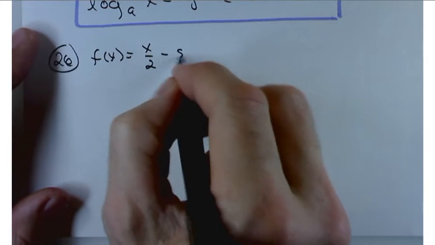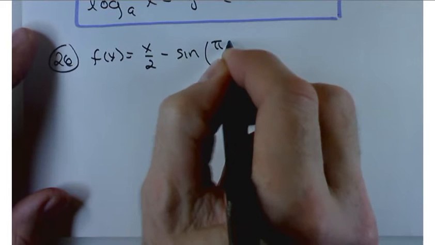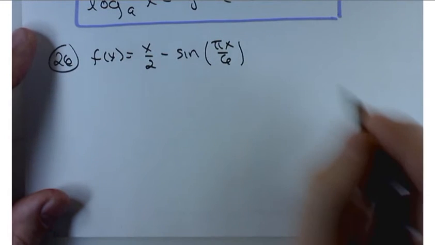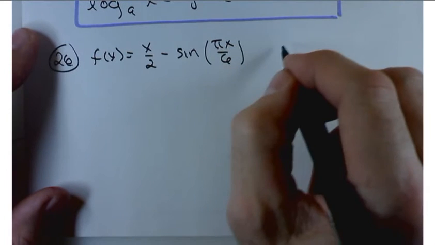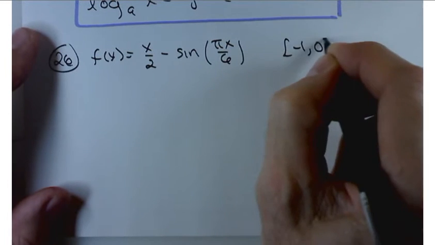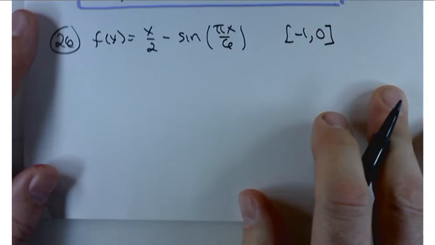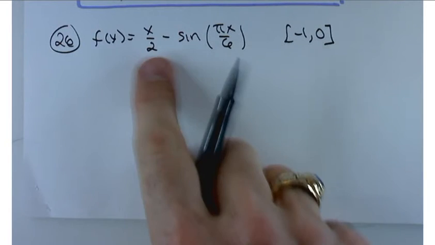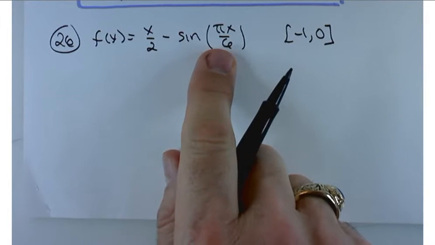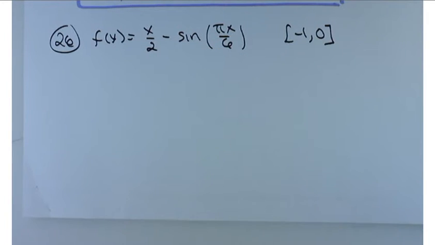We're going to look at this on the interval from -1 to 0. X over 2 is a continuous function. Sine is a continuous function. So I'm not going to have any problems with differentiability or continuity. Both of these are continuous functions. If you subtract them, you're still going to have a nice continuous function.